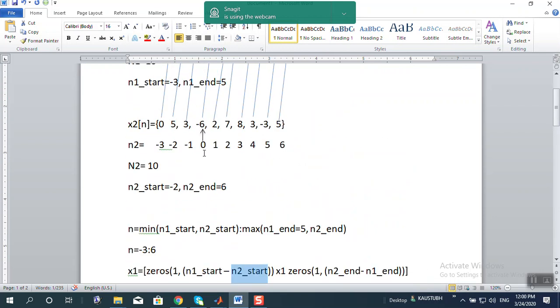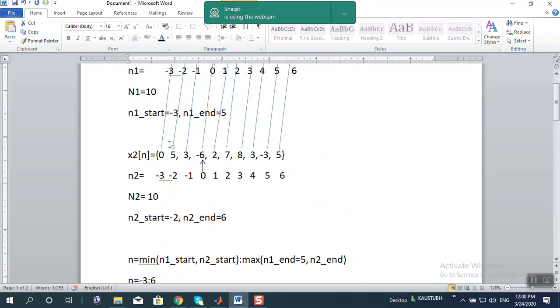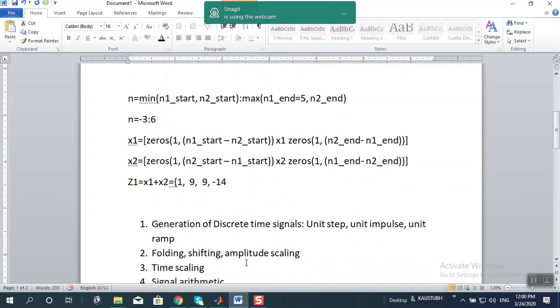As you can see here, n1 was minus 3, minus 2. Because it was 2 there, it was directly the time index. But here, take the minimum of the starting time indices of the 3, minus the starting time index of that segment. Similarly, the maximum minus the ending time index of that segment.